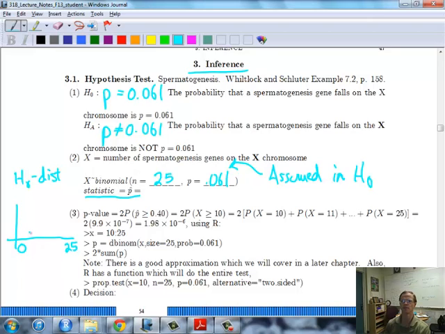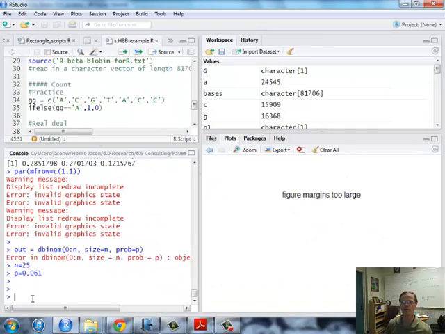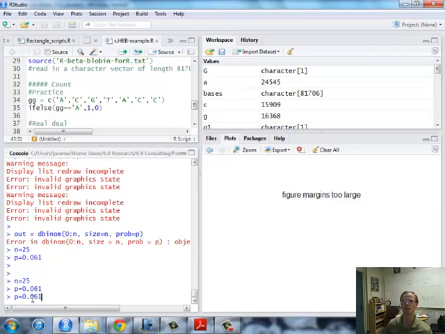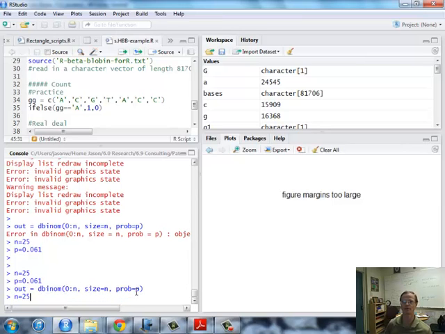Let's just call it that, but take a look at it on RStudio. And let's do n equals 25, p equals 0.061, and then I'm just going to call my good old formula that I did before, but I've put in n and p just to shortcut things.